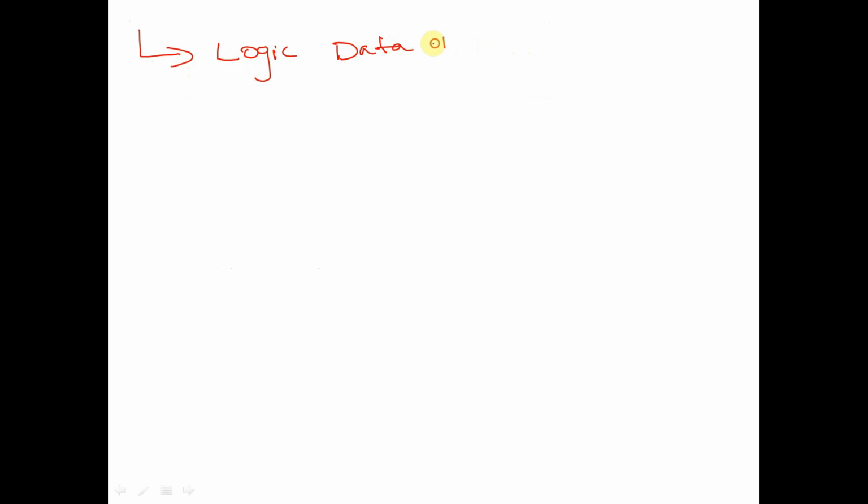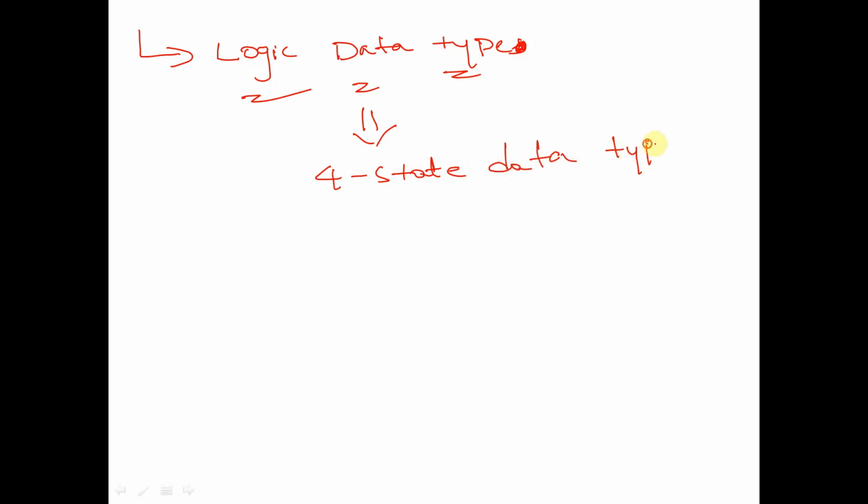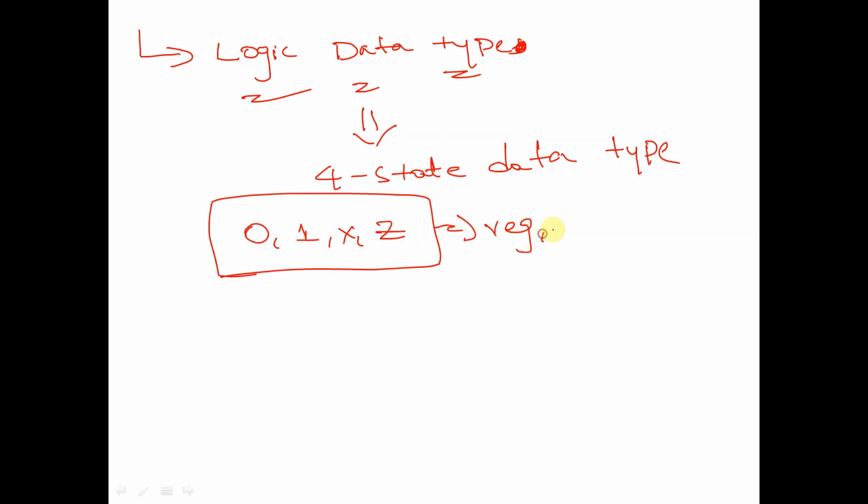Remember, this is a four state data type. This means it can store 0, 1, X and Z. This is similar to reg and wire. So logic is a new data type introduced in System Verilog, and it is a four state data type, and it can hold 0, 1, x, z.